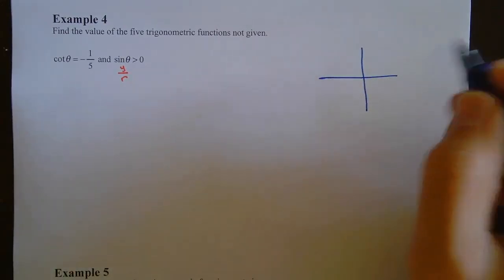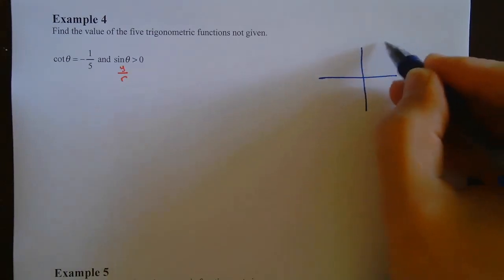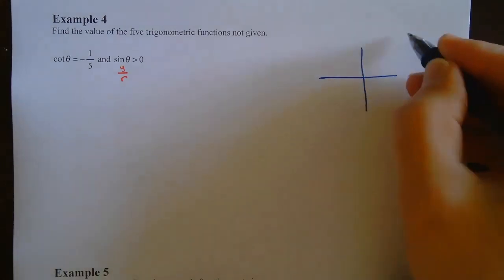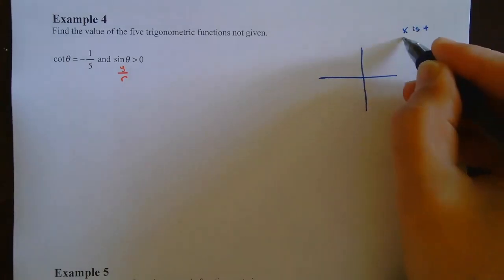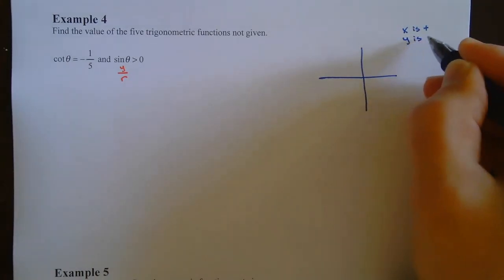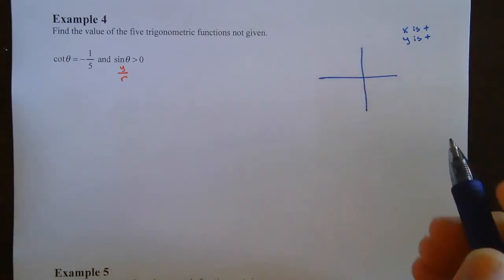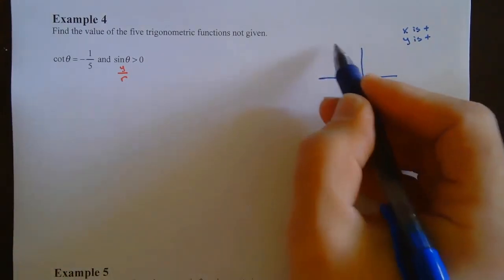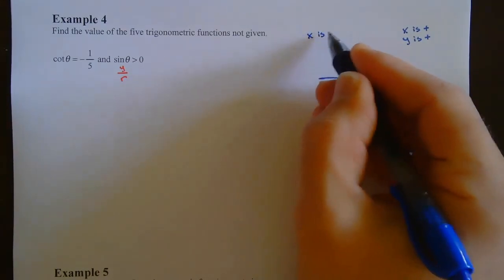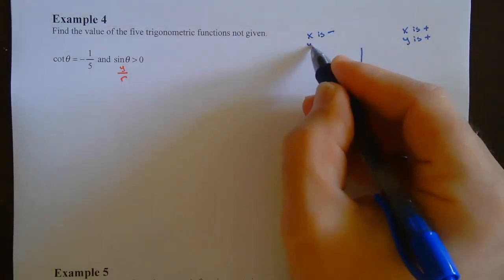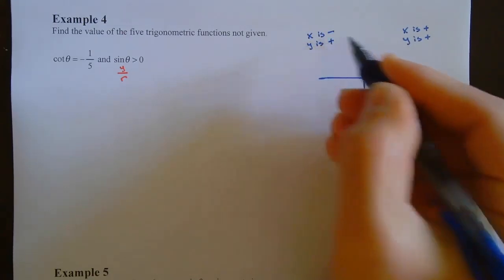Okay, in this first quadrant right here, we know that x is positive and y is positive. In the second quadrant, x is negative and y is positive.